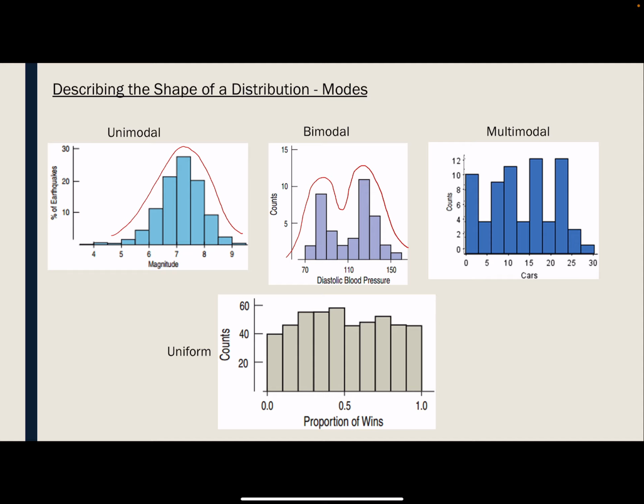And then on the dark blue graph, there's a lot of peaks there, so we would say that that's multimodal. Now the graph on the bottom doesn't really have any peaks. Basically, all of the bars are approximately the same height. Again, it's not perfect, but it's approximately all the same height. So we would call this shape uniform.